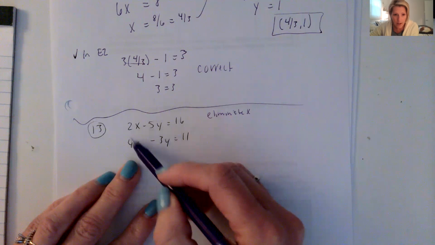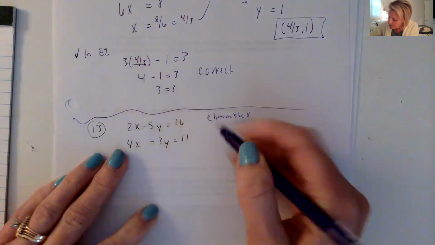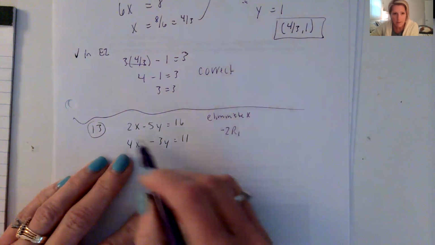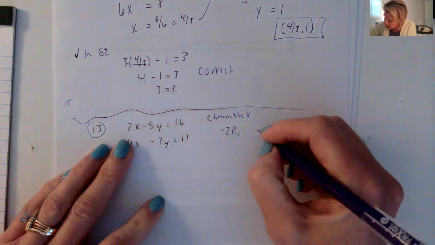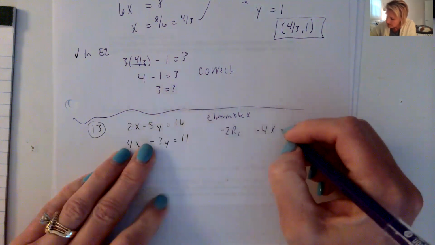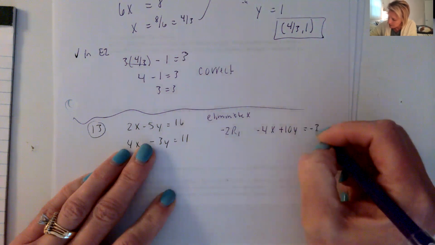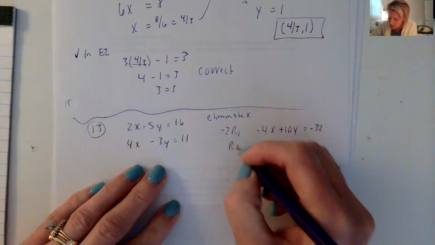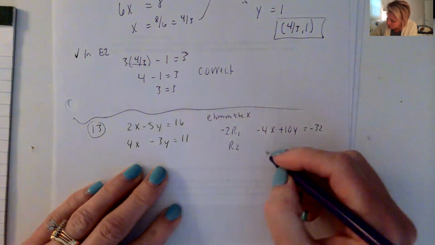So I'm going to call them row 1 and row 2. I'm going to multiply row 1 by -2, so all of row 1 gets multiplied by -2. So I'll have a -4x, a plus 10y, and then a -32. And I'm going to leave row 2. I write my instructions just so I know exactly what I've done to both rows.